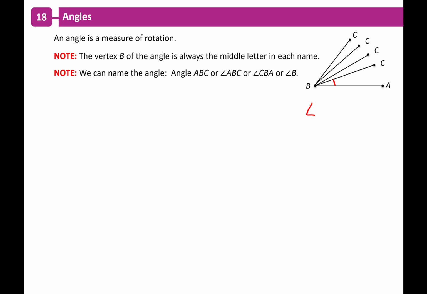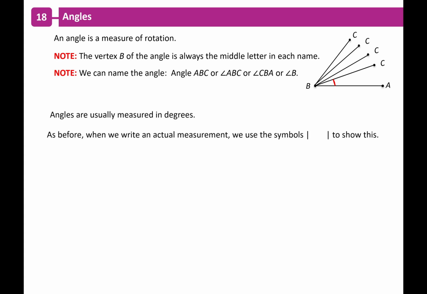We use this symbol to show an angle. Angles are usually measured in degrees. And as before, when we write actual measurements, we use these two lines to show that an angle is an actual measurement. For example, the angle given at A is equal to 50 degrees.